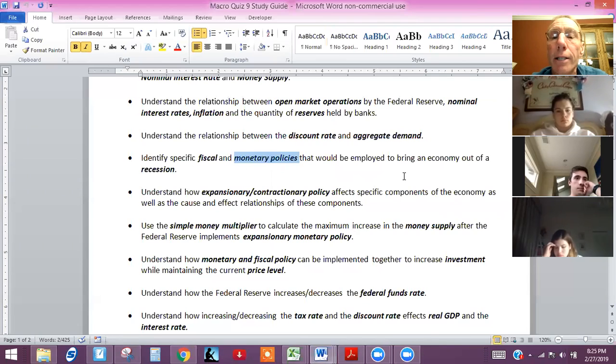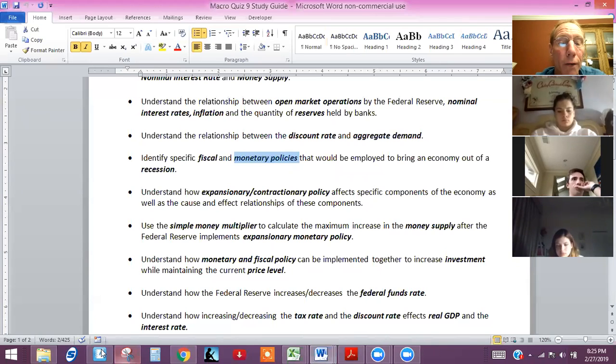For monetary policy, I'll just say it's going to be increasing the money supply, which is buying bonds on the open market. That's what they're going to use. Monetary policy would be expansionary, which would be increasing the money supply.